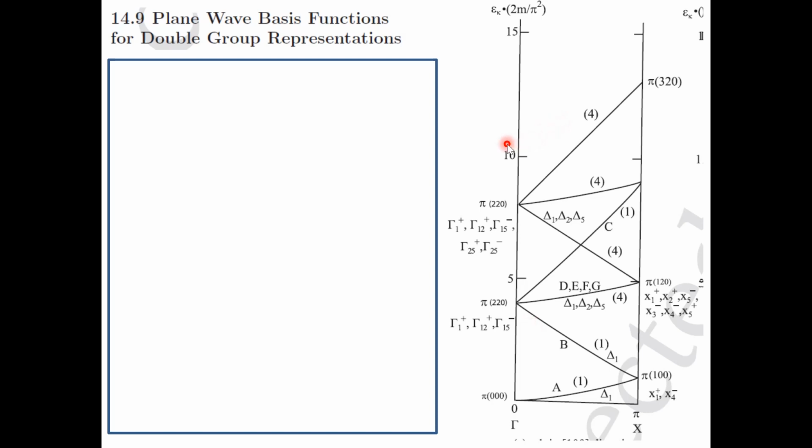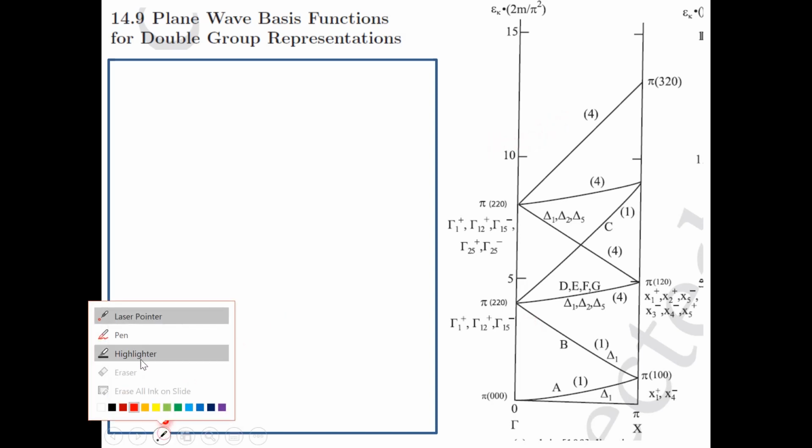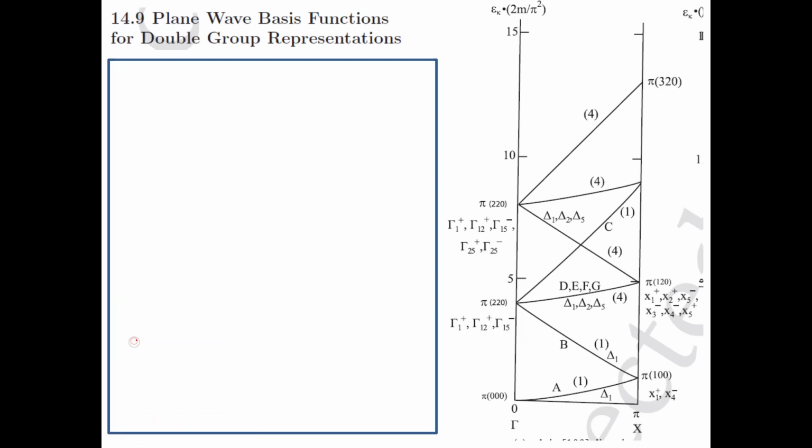All right, so there are different cases to consider. For instance, in some cases, let's see how the gamma 1 plus level looks like when we introduce spin.